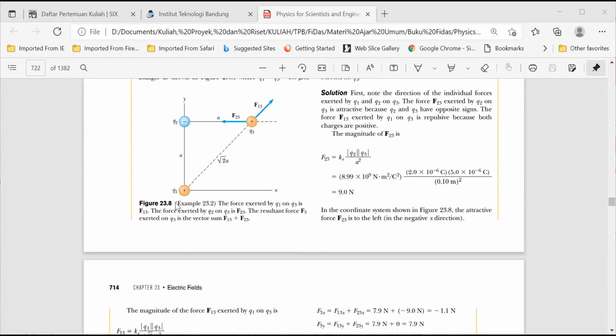So, if you see this triangle, for example, theta here, sine theta is equal to y over r, okay? Y is A, and r, the hypotenuse, is A square root 2. So this theta is 45 degrees, okay?